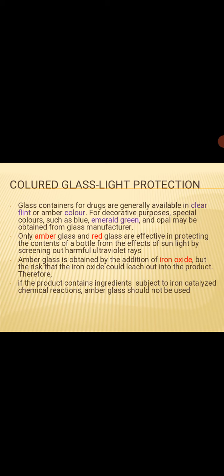For decorative purposes, special colors such as blue or emerald green, which is الأخضر الزمردي, and opal may be obtained from glass to form a glass manufacture. Only amber glass or red glass are effective in the protection of the product inside the glass from harmful UV light or UV rays.